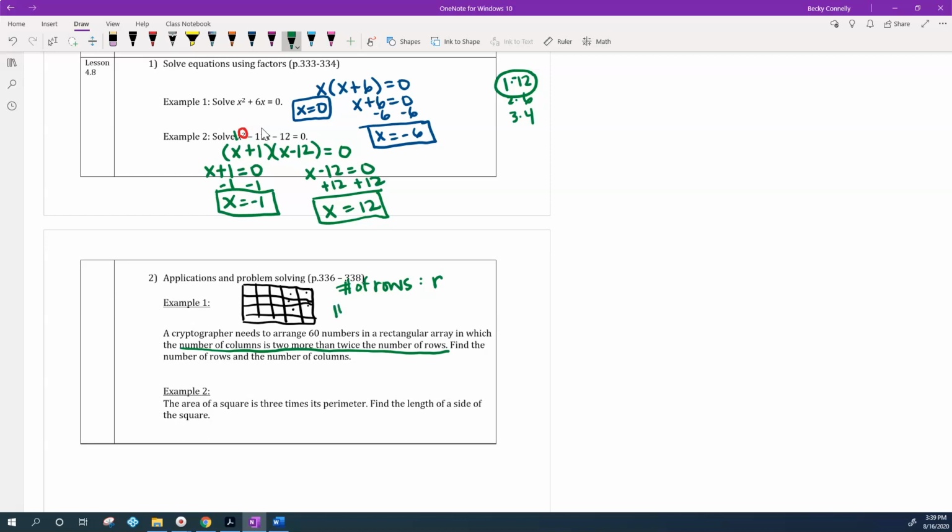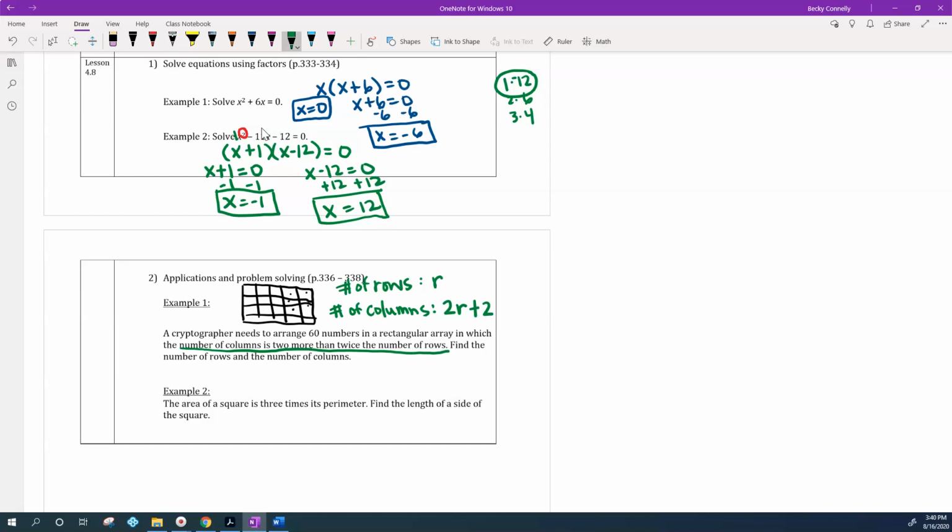Then I can figure out what to name my number of columns because I know there's a relation between them. The number of columns is 2 more than twice the number of rows, so twice the number of rows plus 2. Twice means 2 times, so 2 times r plus 2.